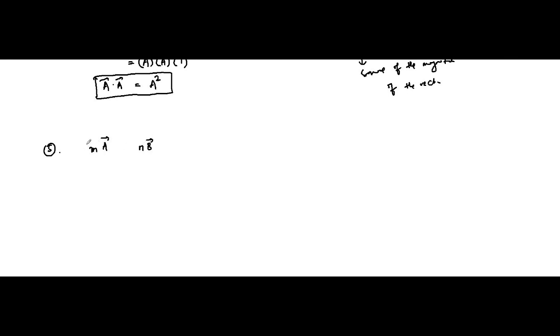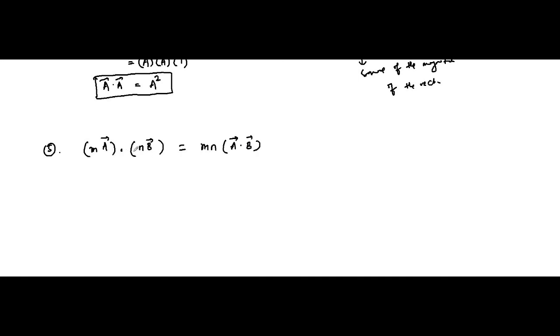So now the dot product of these two vectors, the scalar quantity which is multiplied with a vector and the scalar quantity which is multiplied with b vector, that will give us m n then a vector dot b vector.